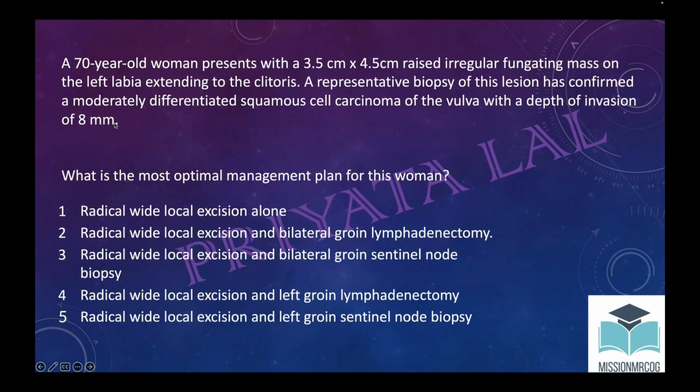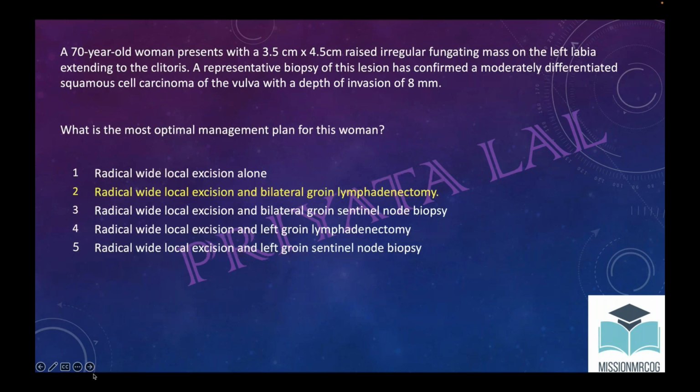A 70-year-old woman with a 3.5 to 4.5 irregular fungating mass extending to the clitoris. Biopsy has confirmed moderately differentiated squamous cell carcinoma with a depth of invasion 8 mm. So, what will be the plan? B, ma'am. Bilateral groin lymphadenectomy. Yes, because it is a central lesion, so it is bilateral.